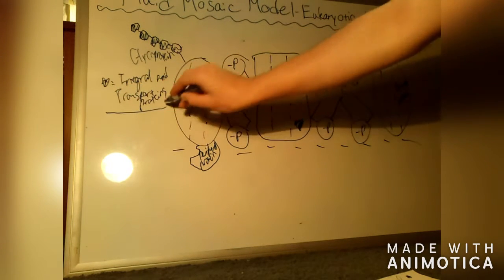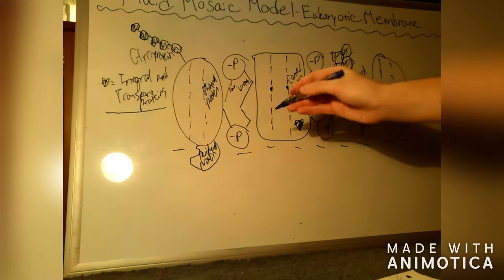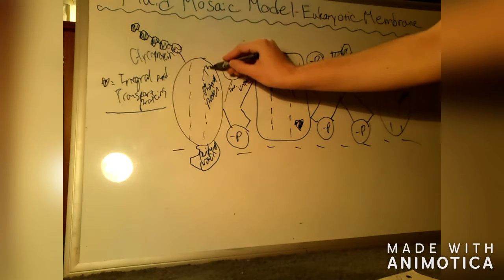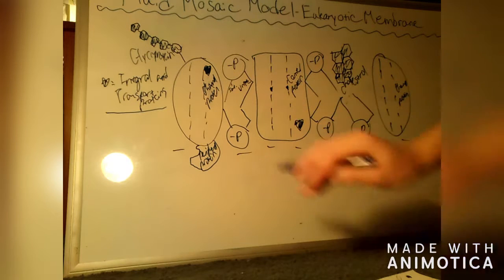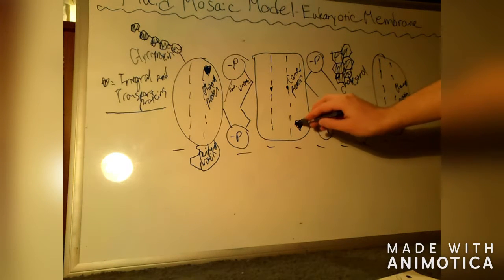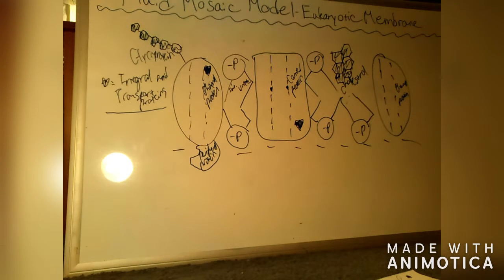So that means integral and transport proteins. So we want to notice that this is also an integral and transport protein, as are the other proteins. So anyways, back to the peripheral protein.